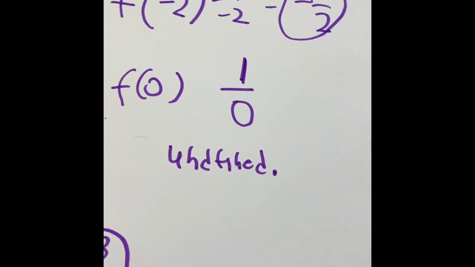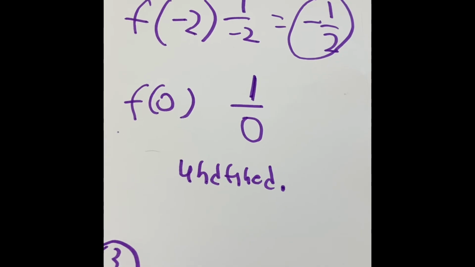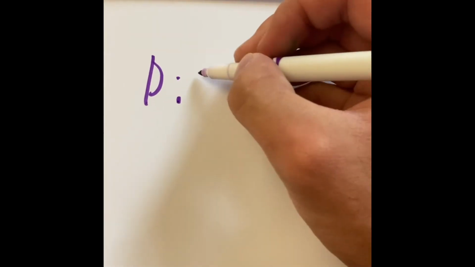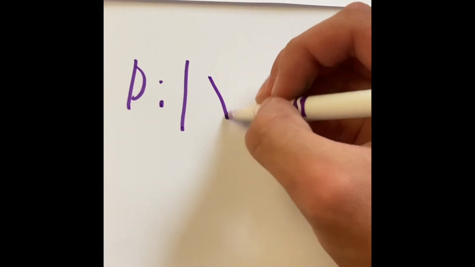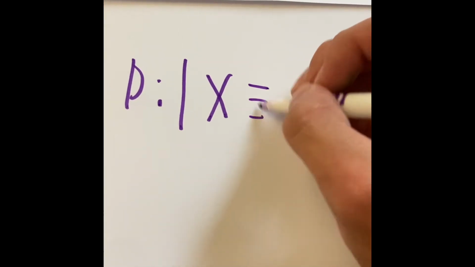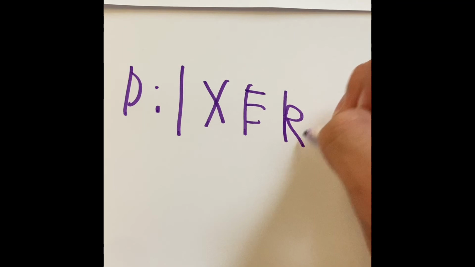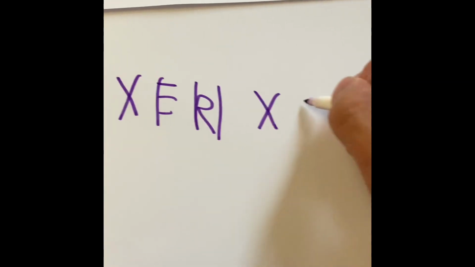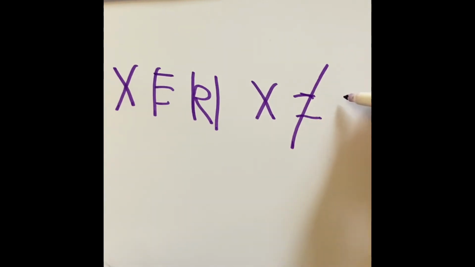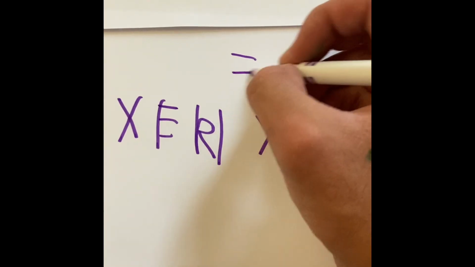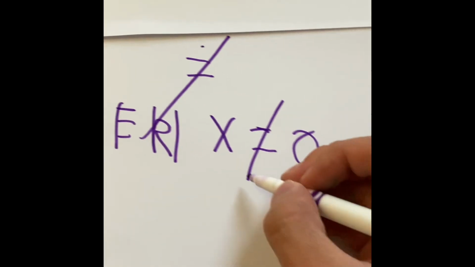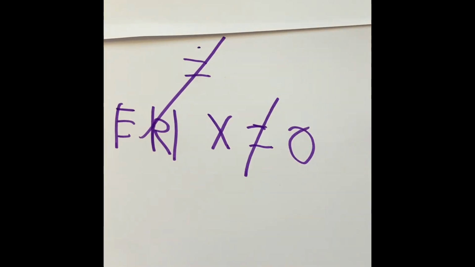So we're going to make a rule that says the domain, or whatever you put in for x, is going to be an element of all real numbers. But there's one more thing: x can never equal 0. When you have an equal sign with a strike through, that means not equal. So x can never equal 0.